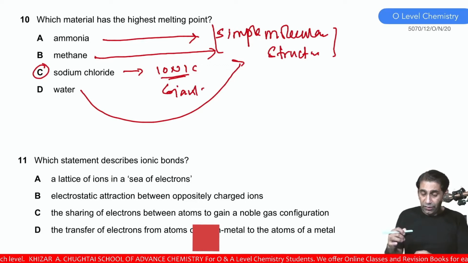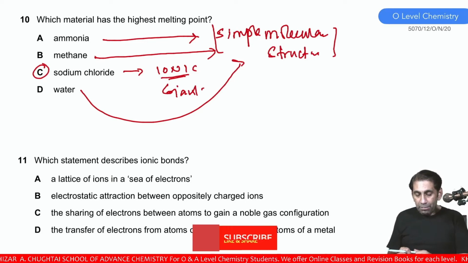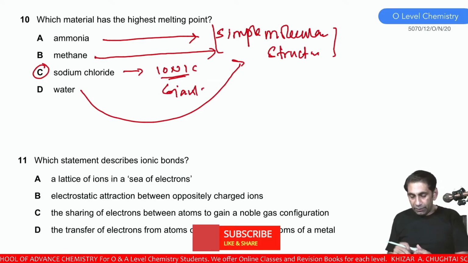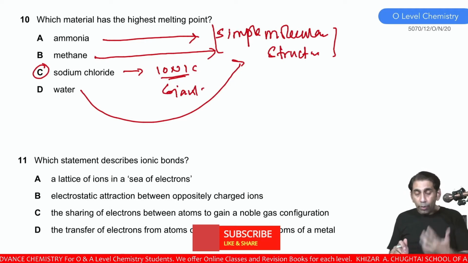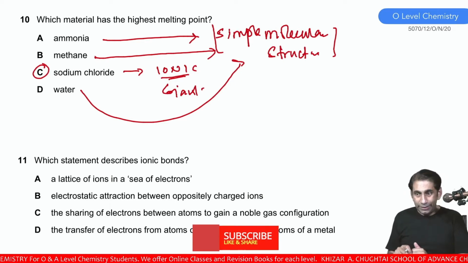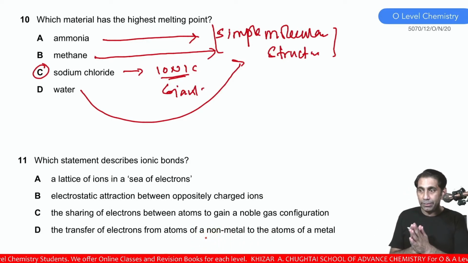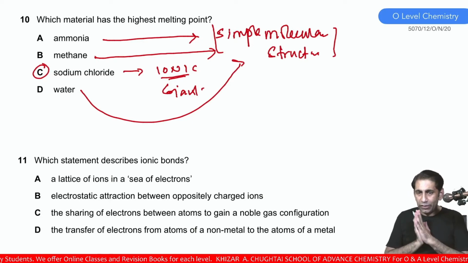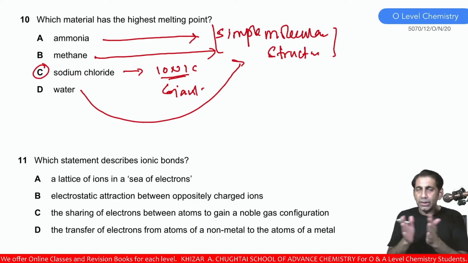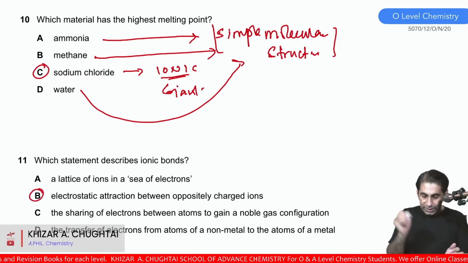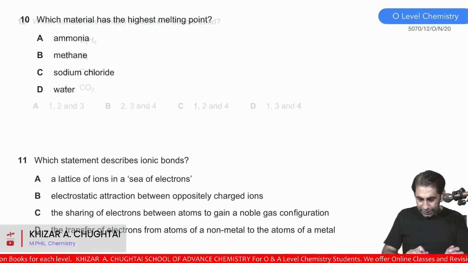D, transfer of electrons from atoms of a non-metal to atoms of a metal. Once again, an ionic bond is a force of attraction that holds oppositely charged particles together. What is the definition of an ionic bond? The electrostatic force of attraction that holds opposite ions together is said to be the ionic bond. So B is the correct option in this case.